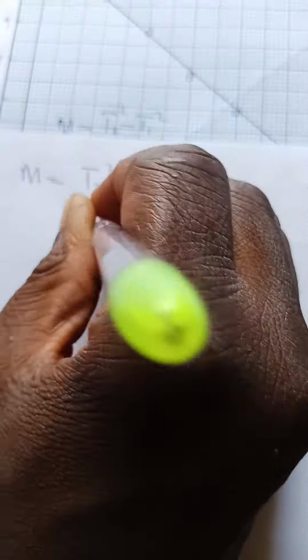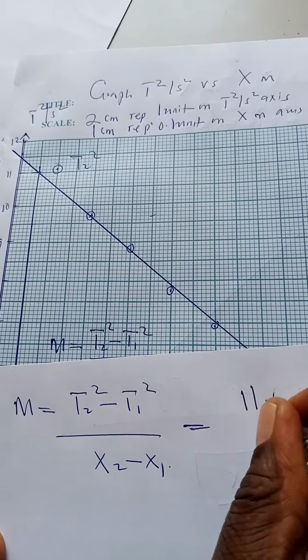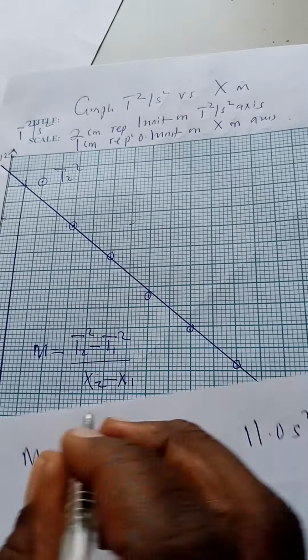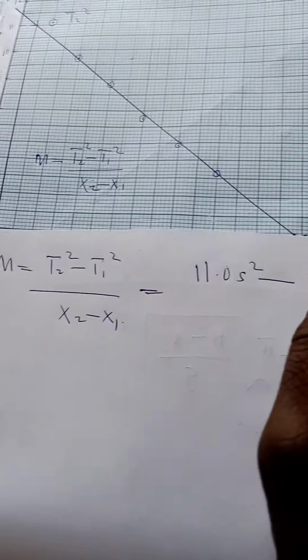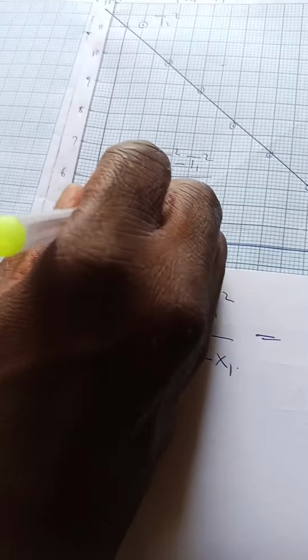So if our slope m is t2 squared minus t1 squared over x2 minus x1, then the value of t2 squared, which is here, is going to be 11.0 seconds squared minus 4.5 seconds squared as our t1 squared.